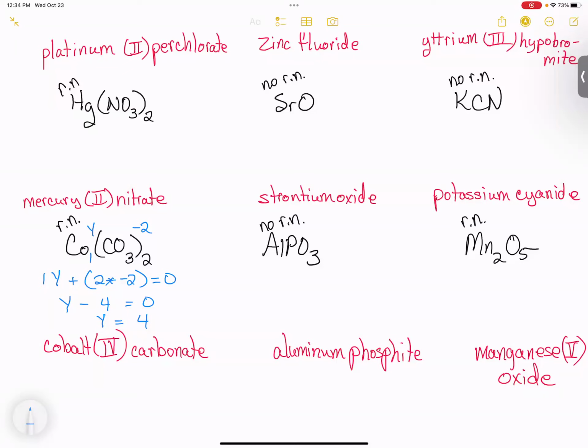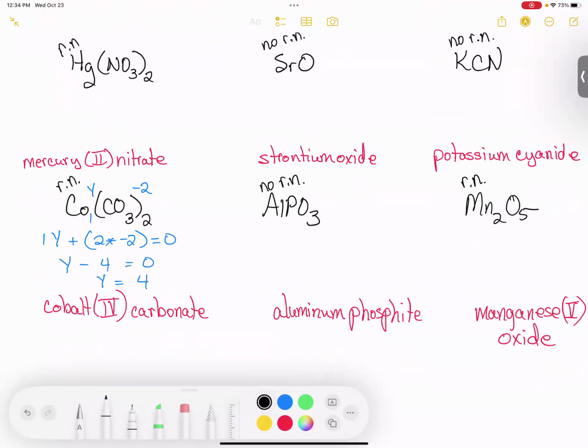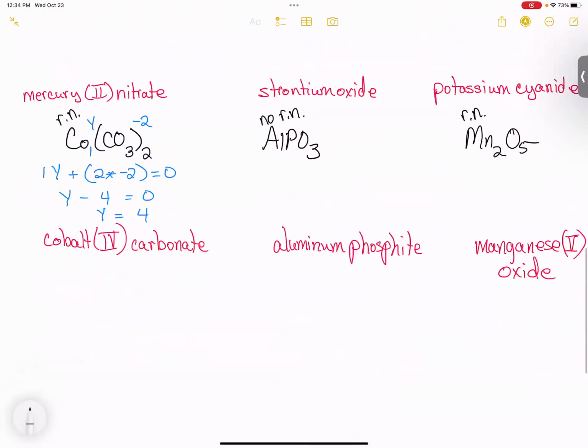Other ones. And the last one, which I did not have room to put up, would simply be silver chloride. Trying to keep with the same coating.